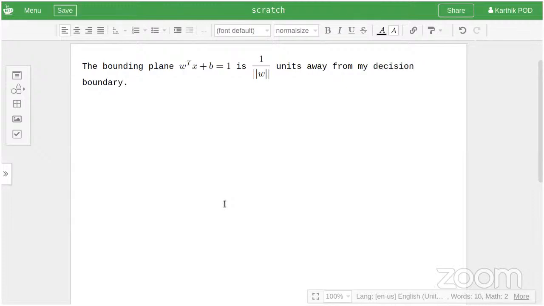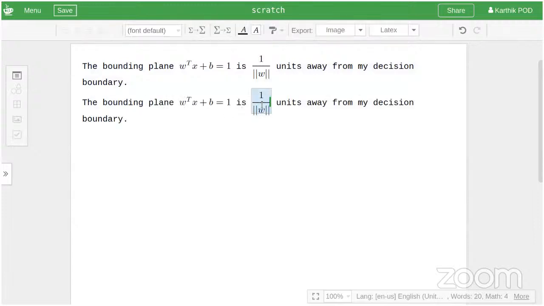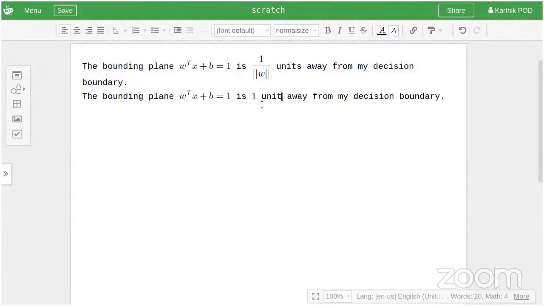What I'm saying is, let's say this is in centimeters. I am saying that norm W is a conversion tool from centimeters to meters. So I am equally justified in saying that the bounding plane is 1 unit away from my decision boundary, where the units I use are different. Say here it is centimeter, here it is meter.